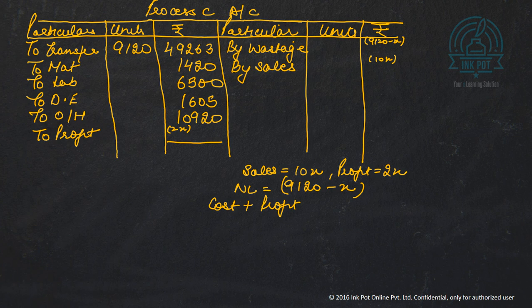So is equal to normal loss or wastage plus sales. Now we know that cost is equal to, after adding this, we know that cost is equal to 69768. 69768 plus profit is 2x minus normal loss is 9120 minus x plus 10x, right?